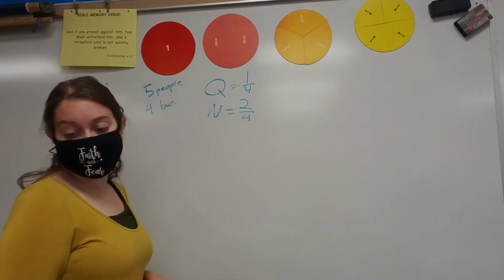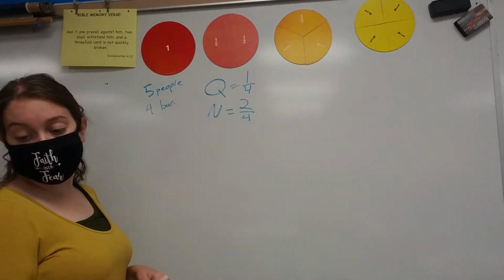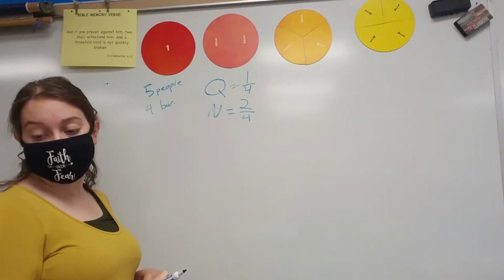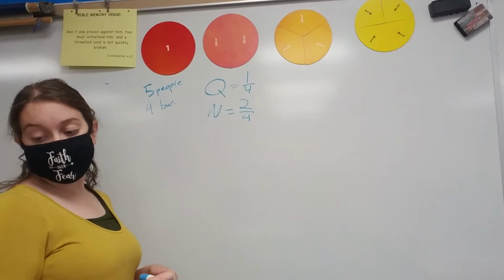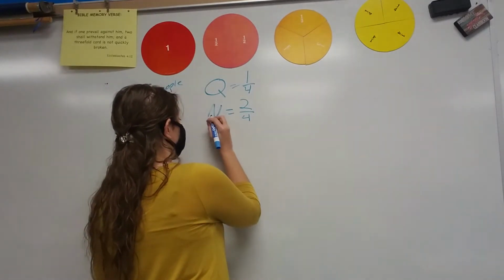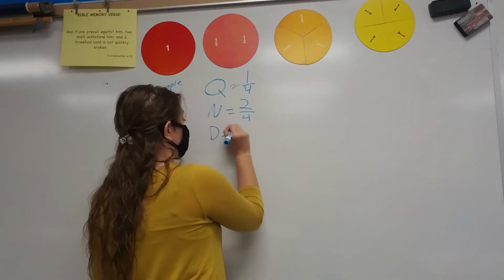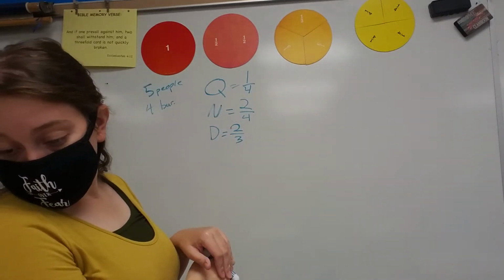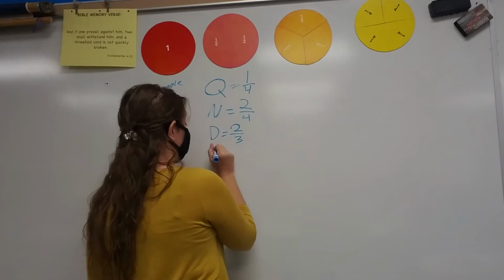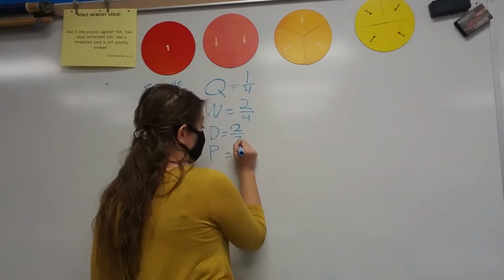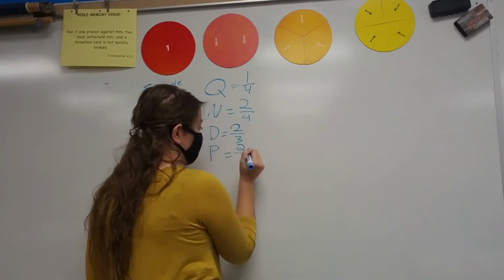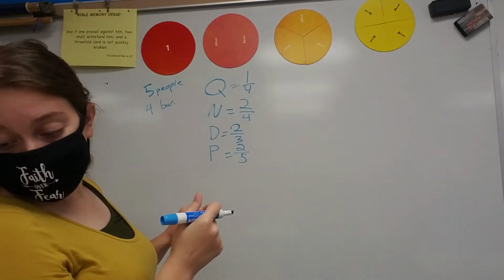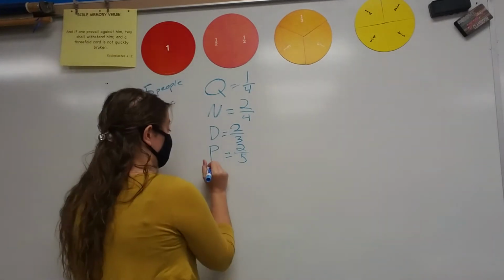Okay. Then it says Diego, Paula, and Kiana each ate part of the other burritos. Diego ate 2/3. Paula ate 2/5. Don't know why they didn't just cut these into equal sizes. And Kiana ate 5/6.